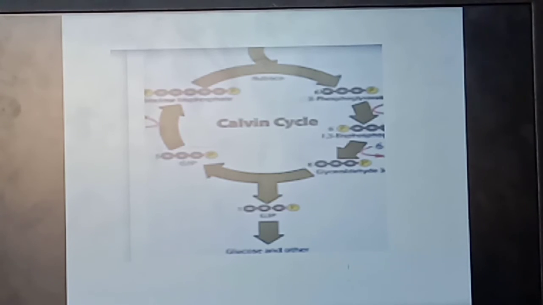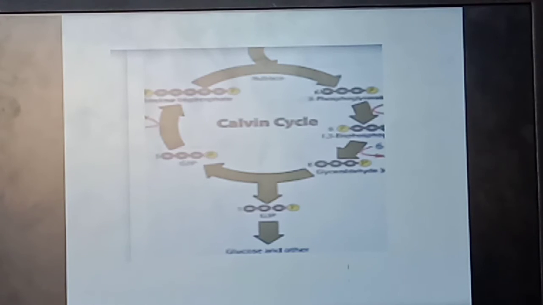Dark reaction takes place in the stroma region of the chloroplast. Melvin Calvin, a scientist, gave the details of this process using radioactive carbon. It is also called the Calvin cycle. This is the reason it is called the Calvin cycle.